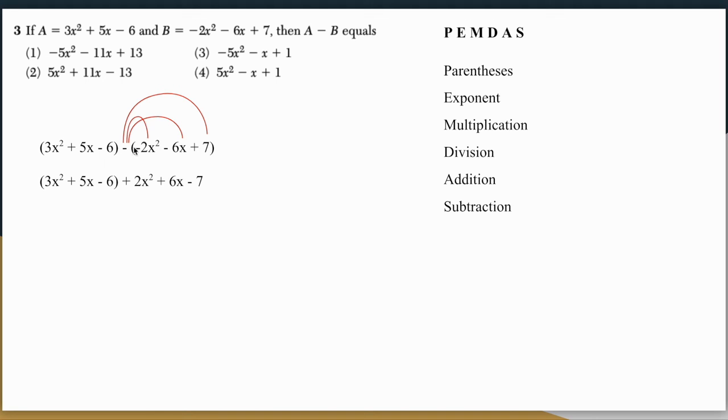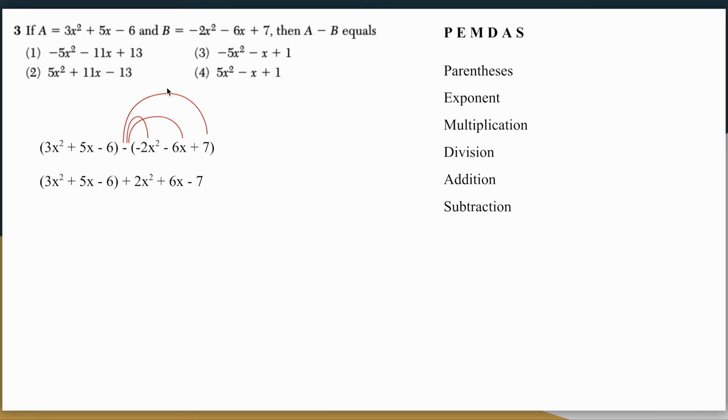Negative 1 times negative 2 is positive 2, leaving the exponent and the variable alone. Now negative 1 times negative 6, we get a positive 6 because like signs give you a positive product. Now we're going to leave the variable alone.